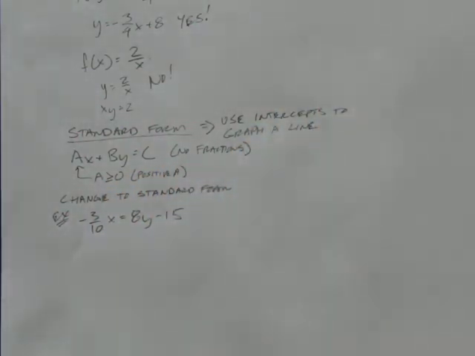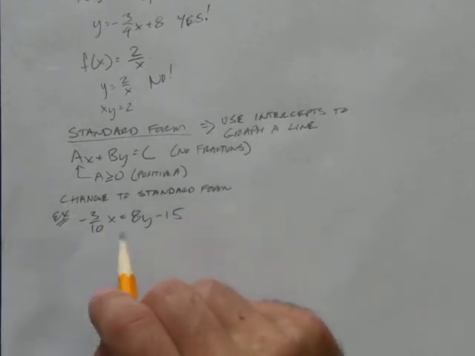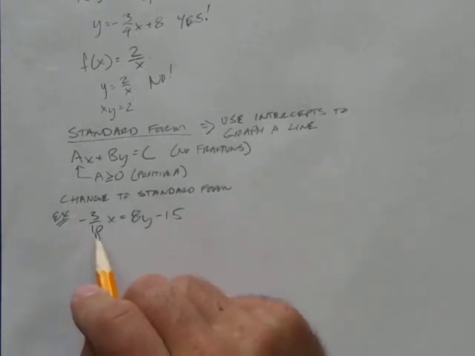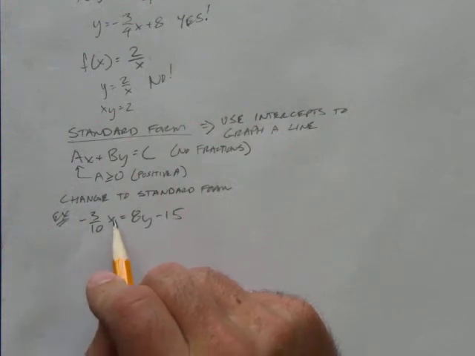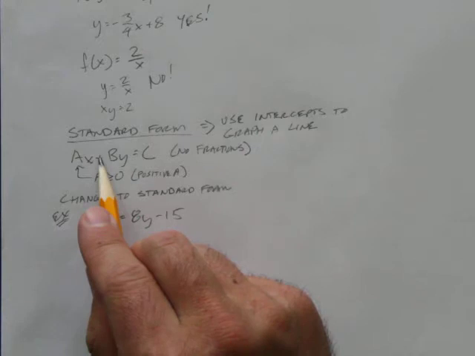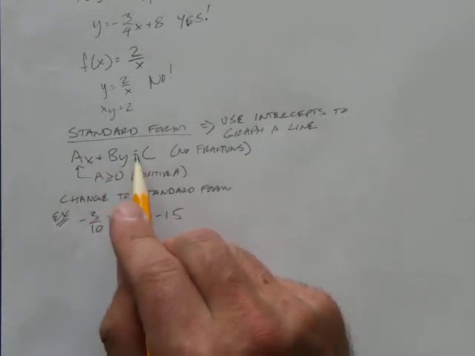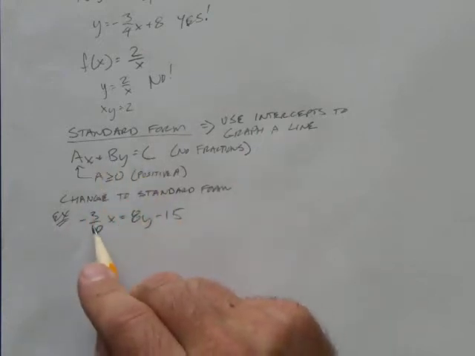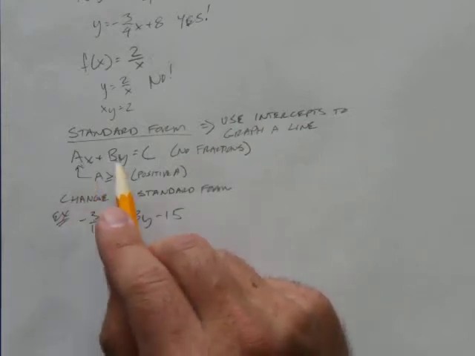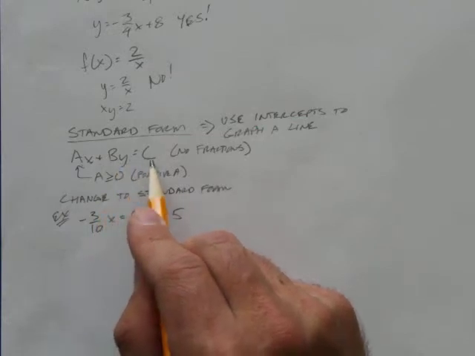So I am going to change this to standard form. So I need ax plus by, and this can be minus, it's fine, but this is the standard form, equals c. I need to not have any fractions either. So first what I want to do is I want to get my x and then my y and then my equals and then my c.